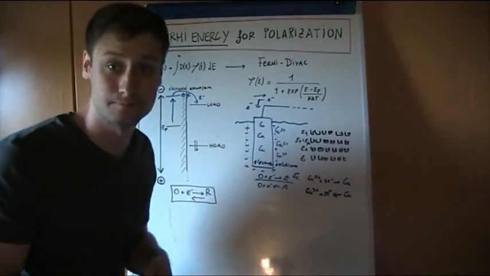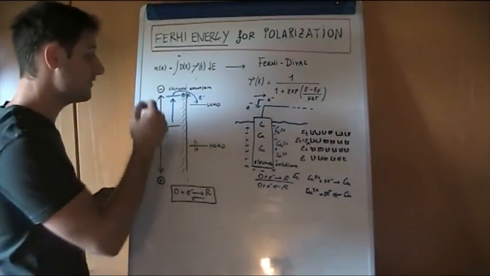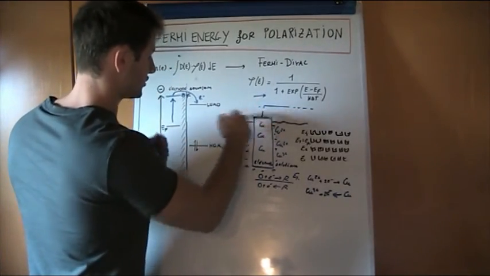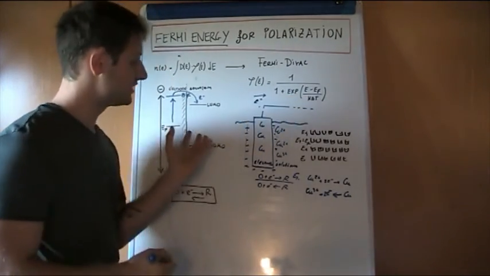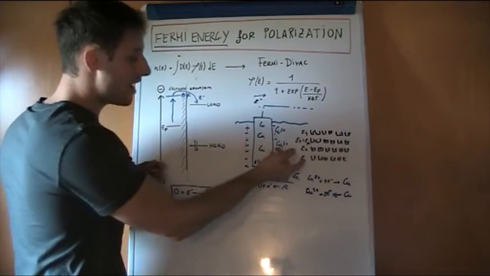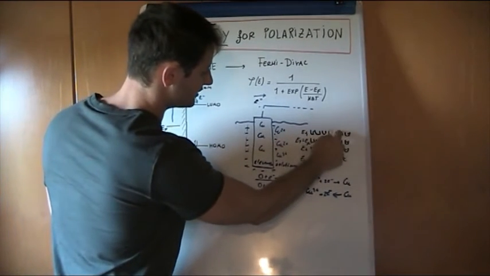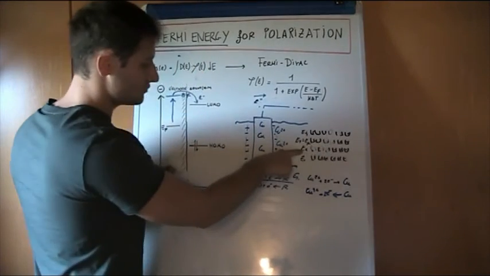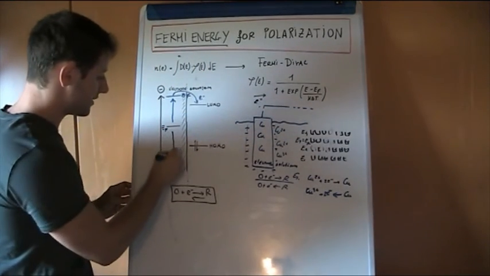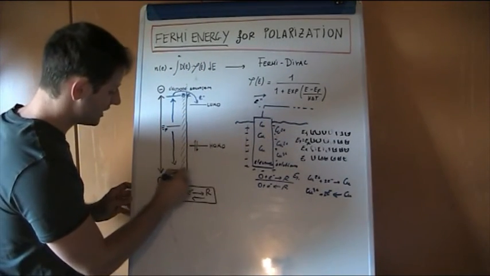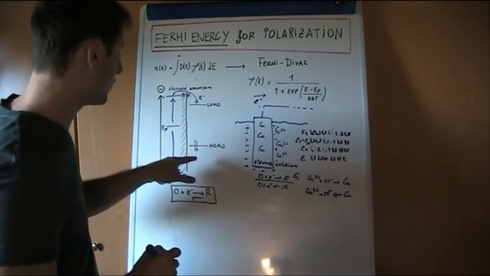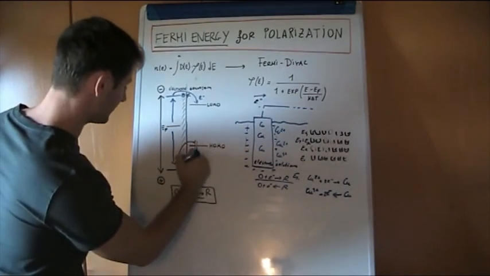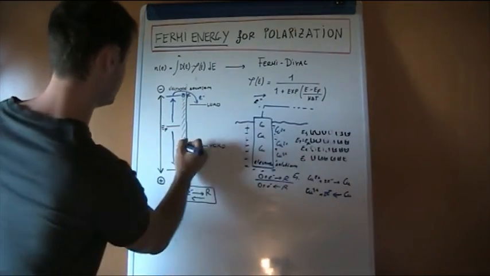Electrons always try to reach a configuration in which the energy is smaller, even though the voltage is higher. If, on the other hand, we induce a positive polarization, promoting the extraction of electrons, we do the opposite: we decrease the number of electrons, and maybe now the Fermi energy is at E2. And so we are moving the Fermi energy here, but if we reach a value in which the Fermi energy is smaller than the highest occupied molecular orbital, we have a flow of electrons in this direction.